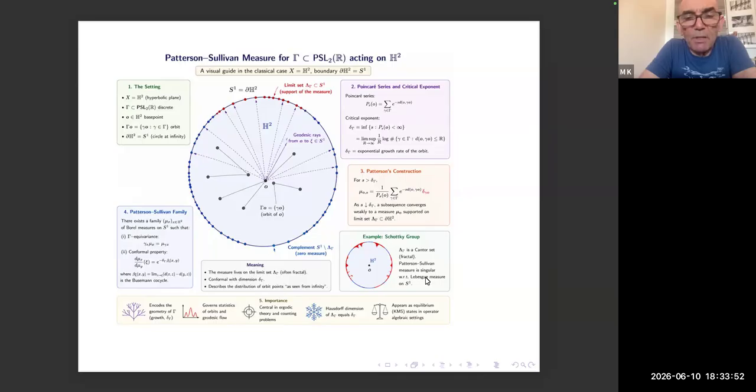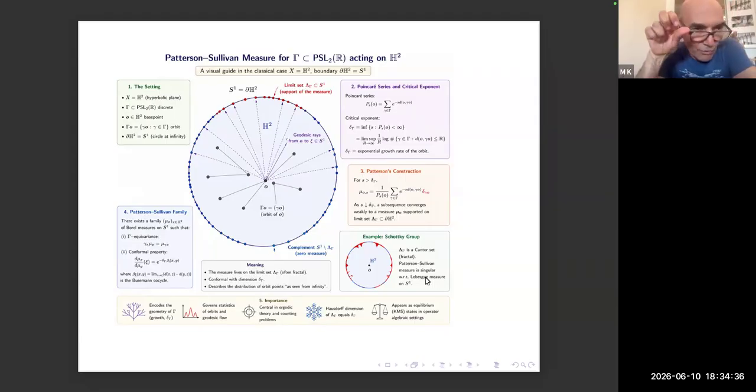This limit set Lambda Gamma is a very exotic object, and it captures a lot of the dynamics of these group actions. One of the things you want to do, which was done by Patterson first, is to define a measure on these boundary points, supported on the limit set.